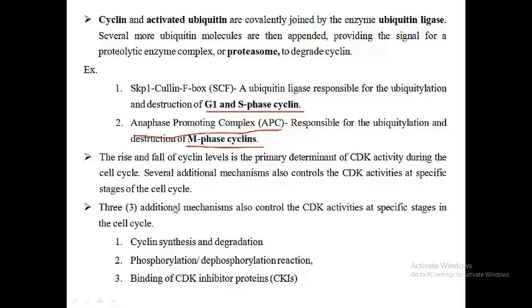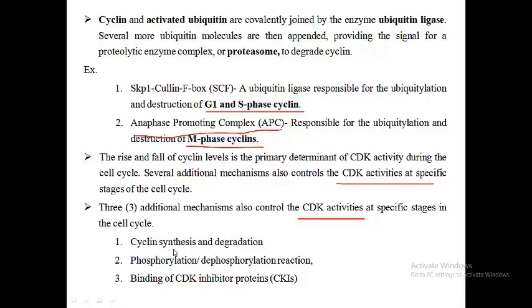Several additional mechanisms also control CDK activities at specific stages of the cell cycle. Three additional mechanisms also control the CDK activities at specific stages in the cell cycle.